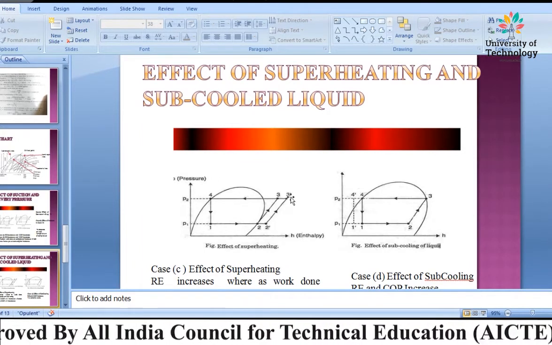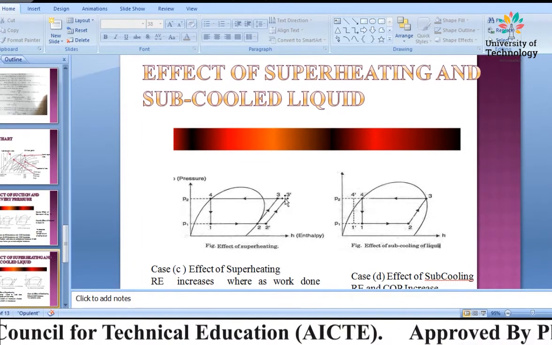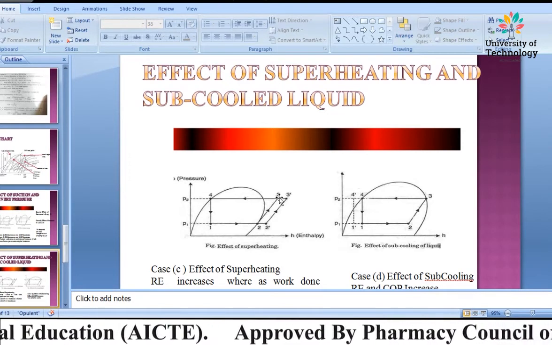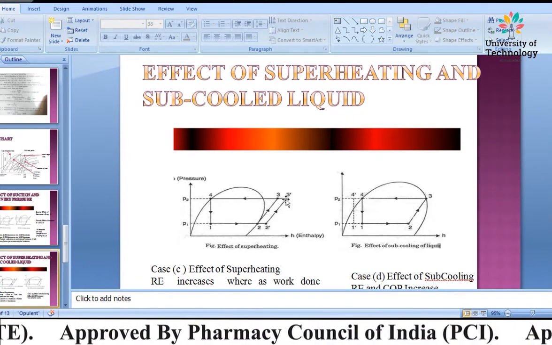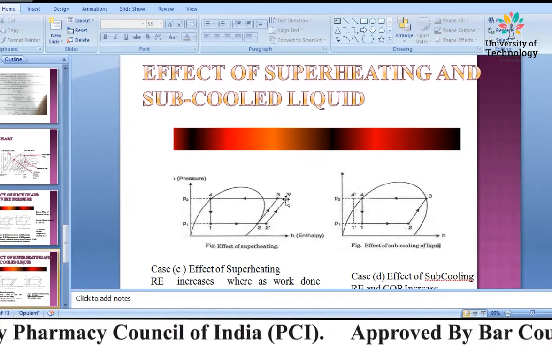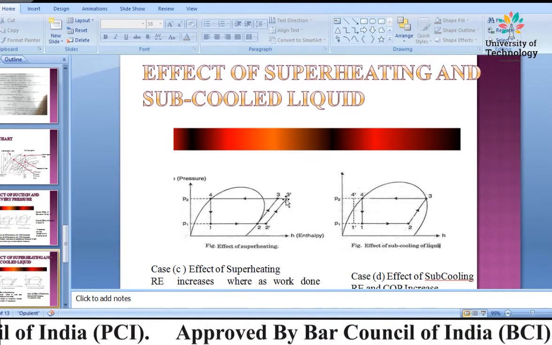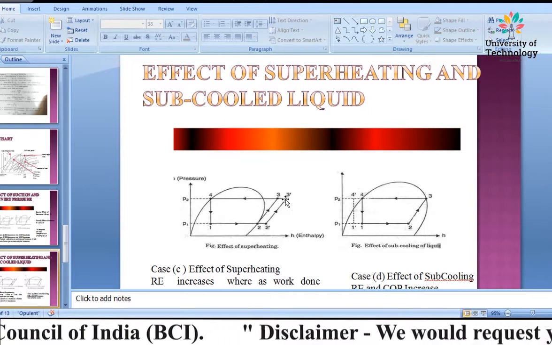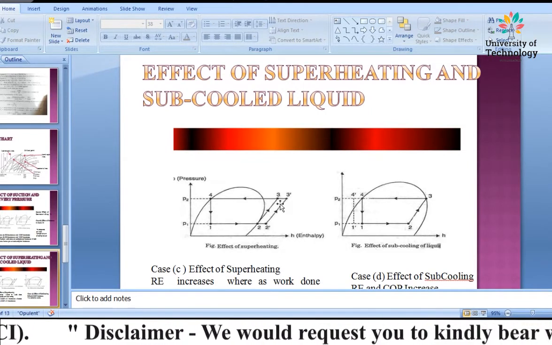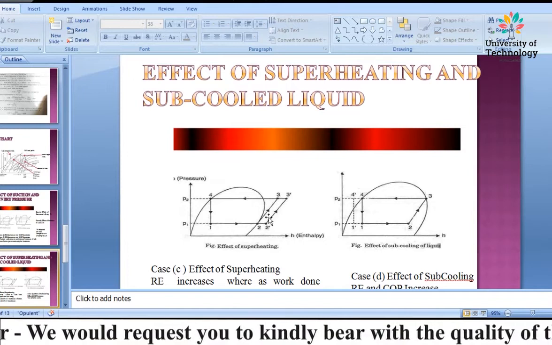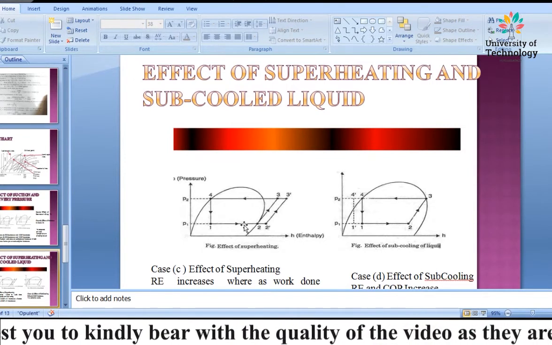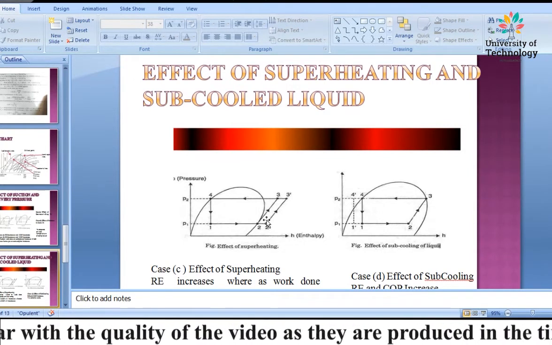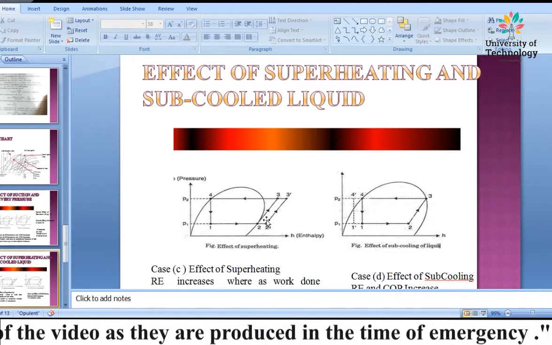Due to this compression, the exit temperature is T3', and T3' is greater than T3. Obviously, with superheat outside the refrigerated space, the compressor capacity, the power per ton of refrigerant, and the condenser capacity become greater than those of the simple vapor compression refrigeration cycle.